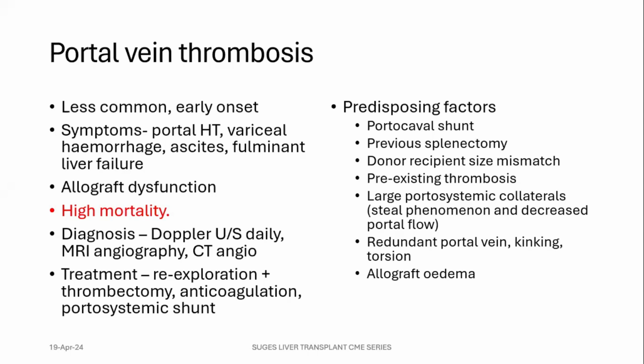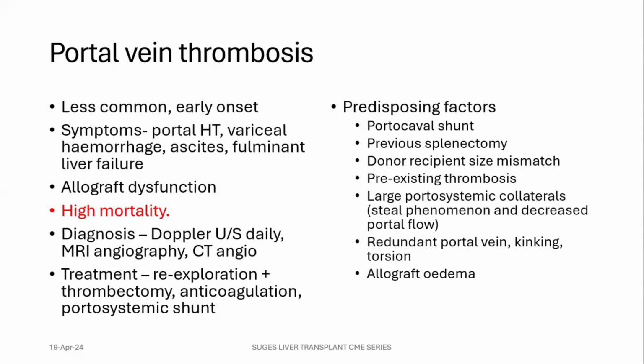And if there's allograft edema, that impedes the flow into the graft, and that ends up giving you thrombi. It's diagnosed by Doppler ultrasound, and these are usually done daily in the immediate post-transplant period to ensure that portal flow is there without any thrombi.